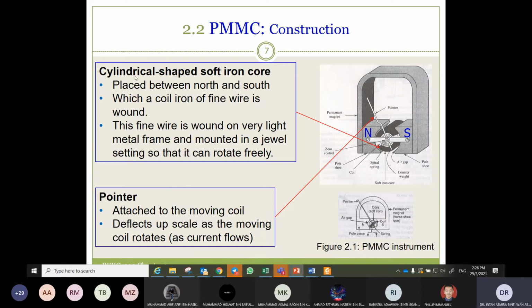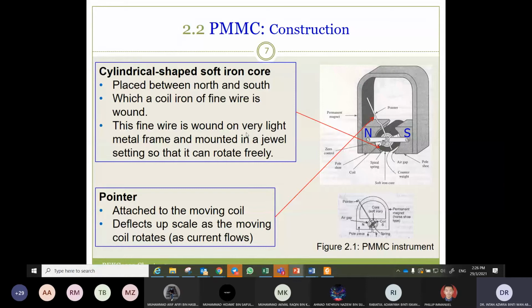All the meter types. Okay, this is the construction of PMMC. This is a cylindrical shaped soft iron core, the black one. It is placed between north and south poles, around which a coil of fine wire is wound. So the coil is wound around the soft iron core.